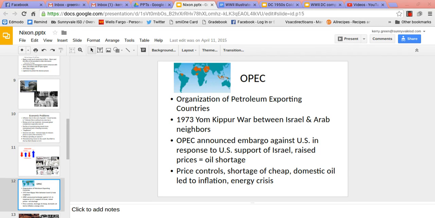It's going to create a major energy crisis. So again, this all dovetails with the environmental movement that's going on in the 1970s. Because OPEC has the embargo, because of American actions in the Middle East, we're going to have this economic crisis that's going to lead to extremely high oil prices and that kind of thing.